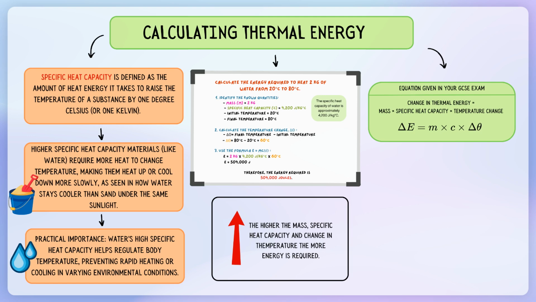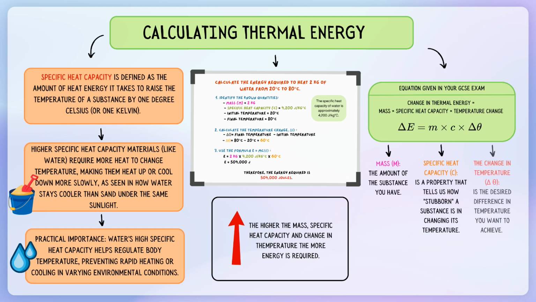By understanding the quantities involved, mass, specific heat capacity, and temperature change, we can predict and calculate the energy requirements for different thermal processes. We applied the equation to solve several problems, further consolidating our knowledge. This comprehensive understanding of specific heat capacity and the E equals mcΔθ equation is vital in explaining how energy is transferred in physical systems and helps in real-world applications such as heating systems and thermal management.